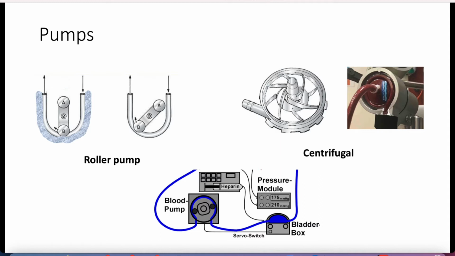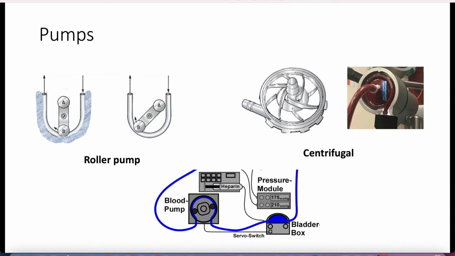Another feature of this pump is that the tubing is completely occluded at one point throughout. Even when the pump is stopped, the tube is occluded. This prevents any backflow of blood from the arterial side to the venous side. We will talk about this a little bit more when we look at the centrifugal pumps.